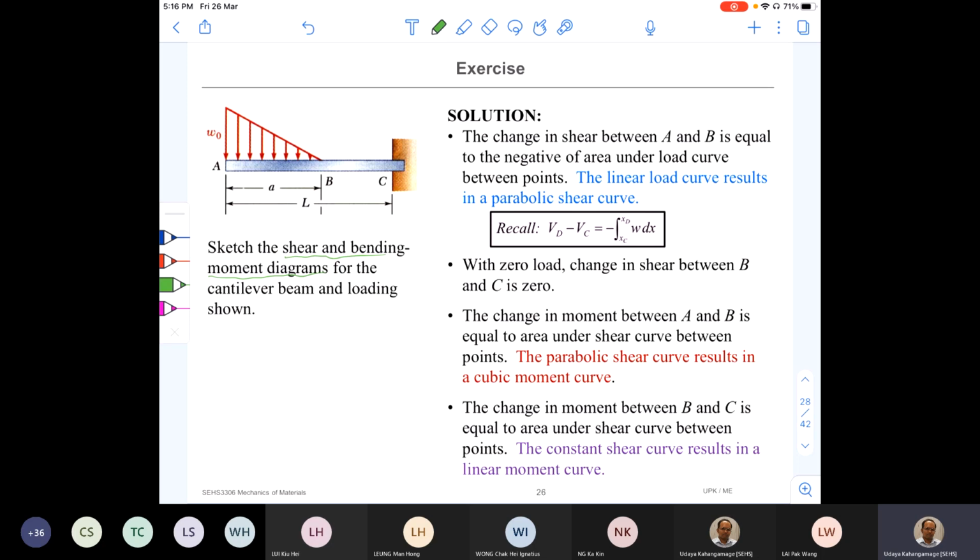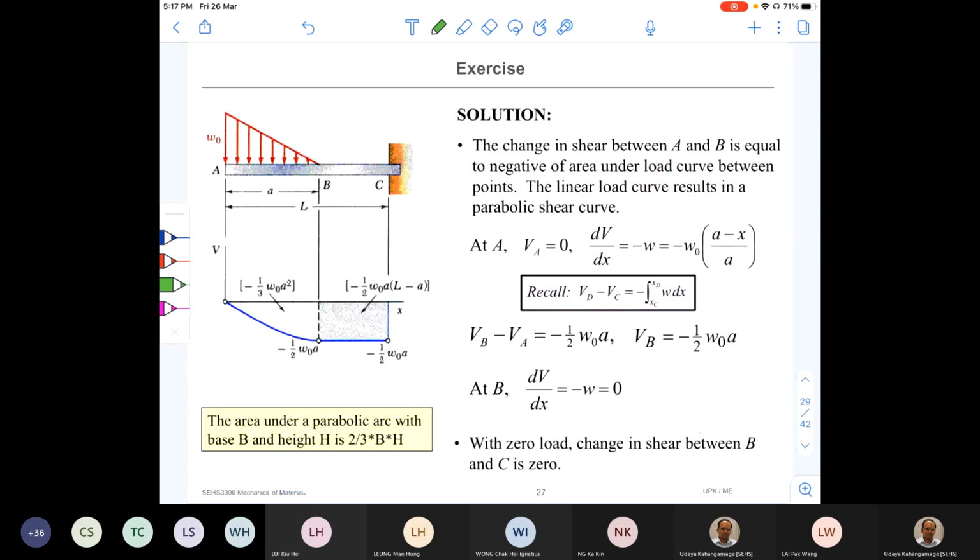Therefore, at B there's a discontinuity, and then draw a free body diagram. So without knowing the reaction forces, we can draw the free body diagram and find out the internal shear force and bending moment, right? So here, as our usual practice, we don't need to find out the reaction forces at point C.